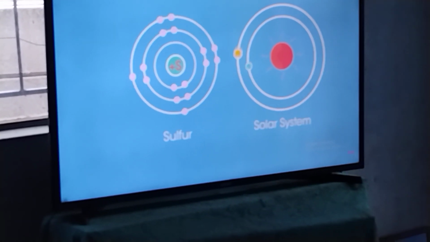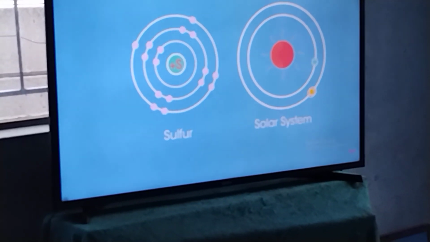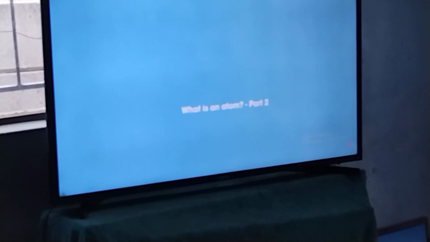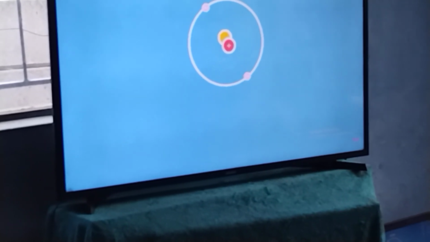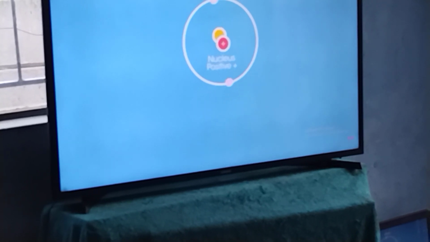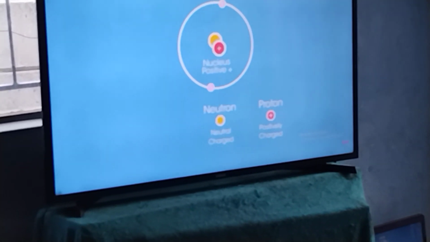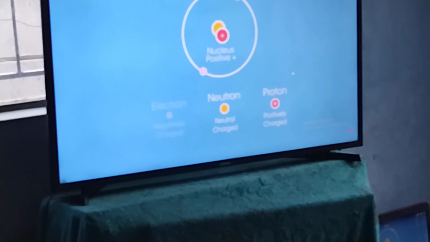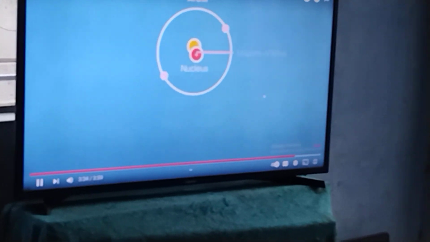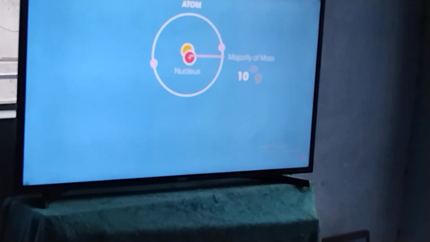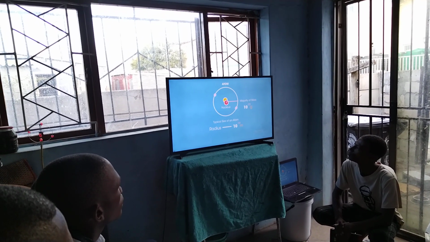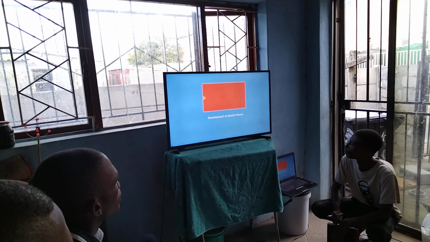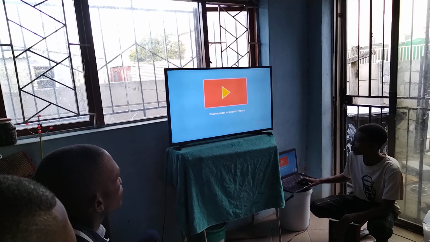However, electrons can only orbit at specific distances and with specific energies. We will look at the differences in structure of atoms of different elements and the periodic table in this video. So there we have the structure of an atom. Atoms have a positively charged nucleus made up of positively charged protons and neutrally charged neutrons, which is orbited by negatively charged electrons. The majority of the mass of an atom is found in the nucleus, and the typical size of atoms is 10 to the power -10 meters. To learn about how we discovered the existence of atoms and the structure of atoms, watch this video.